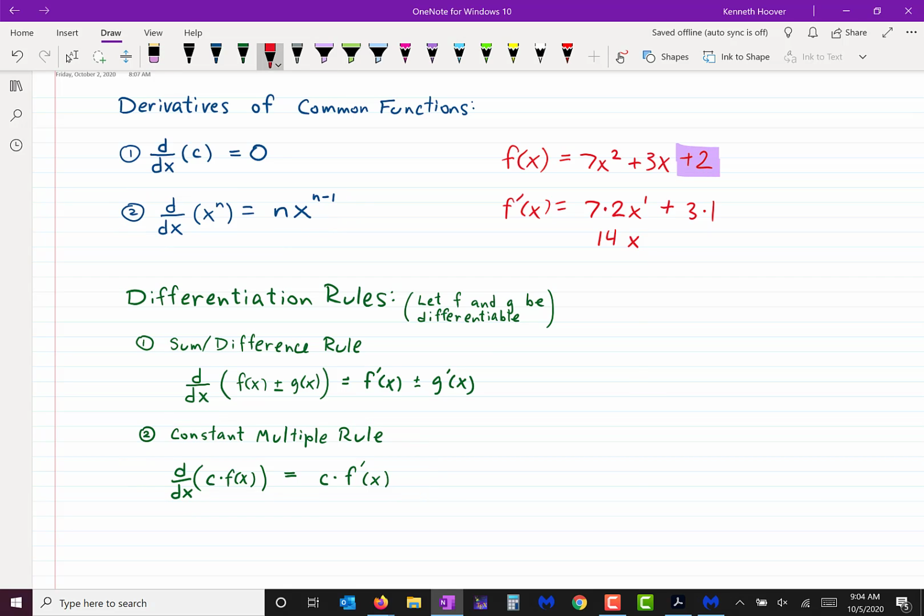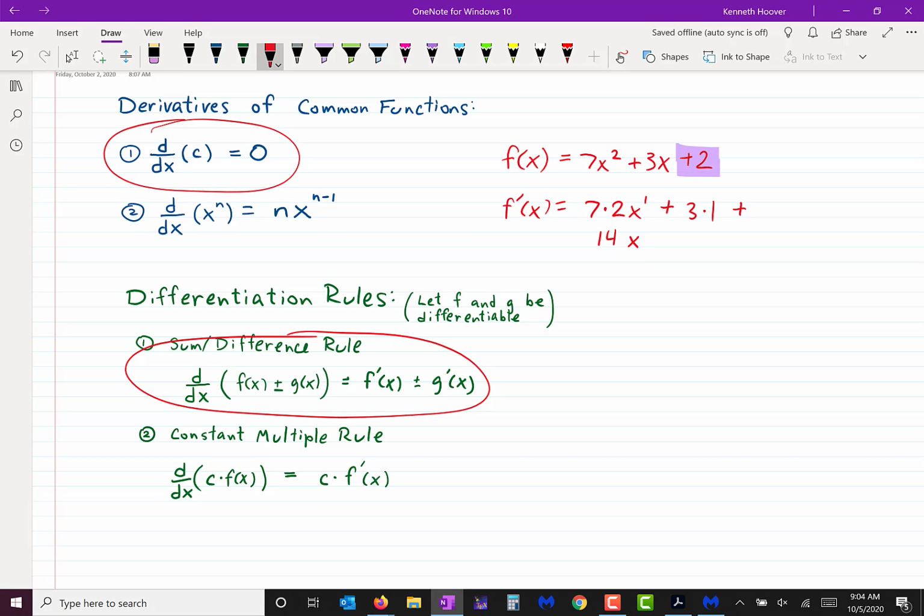So using this rule, we get a plus, and then using this rule, the derivative of the constant 2 is 0. So you see we ended up with 14x plus 3 plus 0. That's where I get the 14x from.